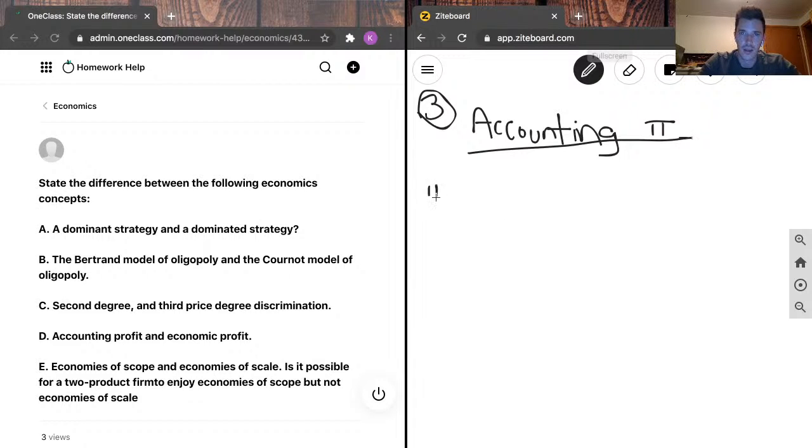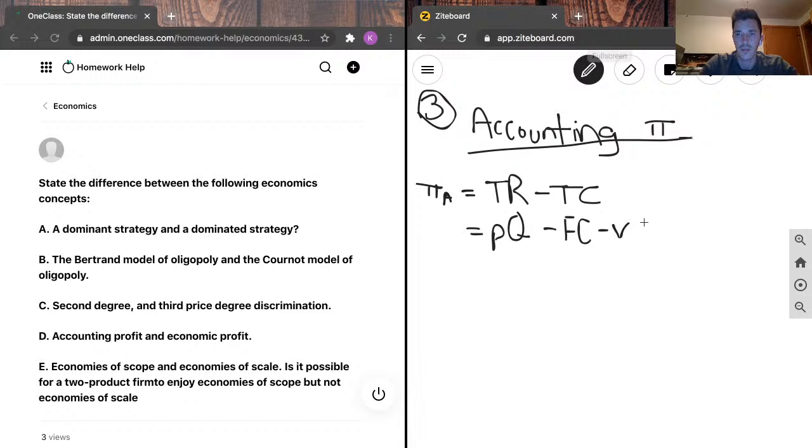And we can say that pi a, or accounting profits, are going to equal total revenue minus total cost, where total revenue is going to equal price times quantity, and total cost is going to be made up of fixed cost and variable costs. So variable costs vary with the amount of units sold, and fixed costs are costs you must pay regardless of how many units you sell.